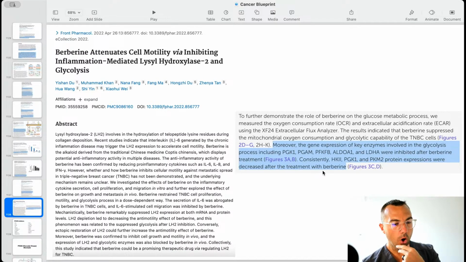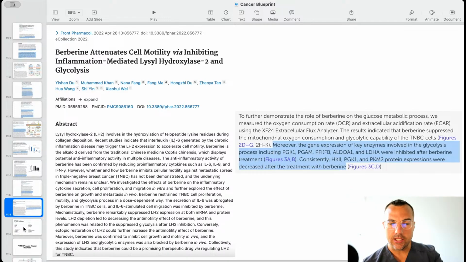So, although berberine has effects on glucose at multiple levels, and has effects on glutamine at multiple levels, one of the effects that I was able to pick out was that it particularly downregulates the expression of PFKFB, which is the enzyme in question.